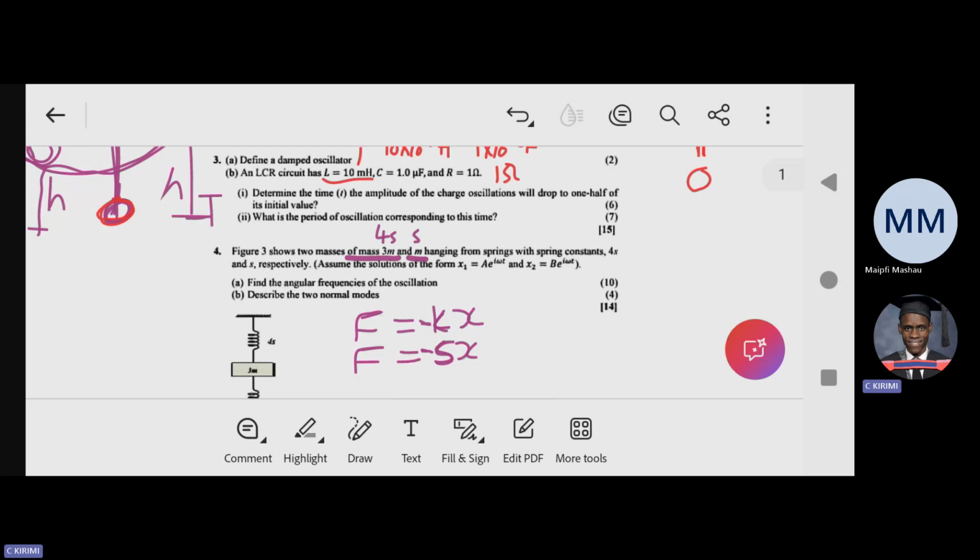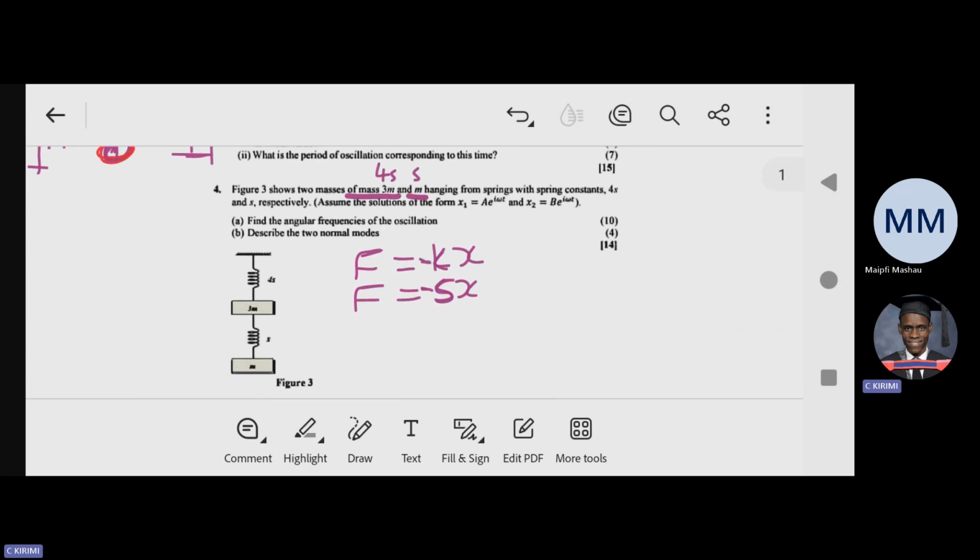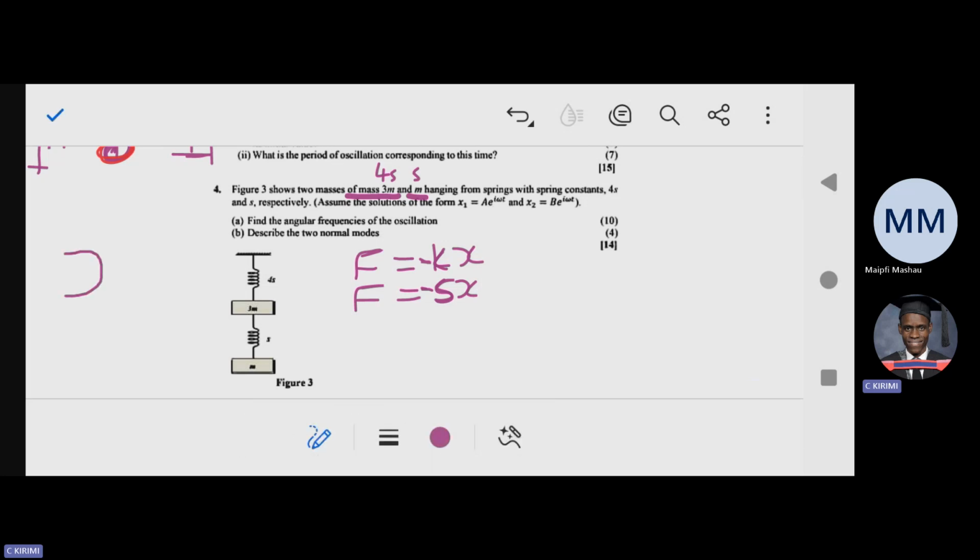We use the same formula, force equals mass times acceleration, where the double dot on the displacement means acceleration. One dot is velocity, double dot is acceleration.